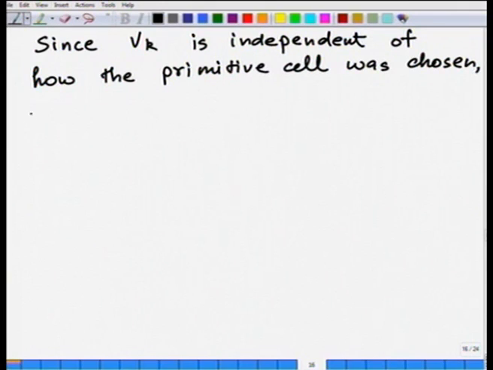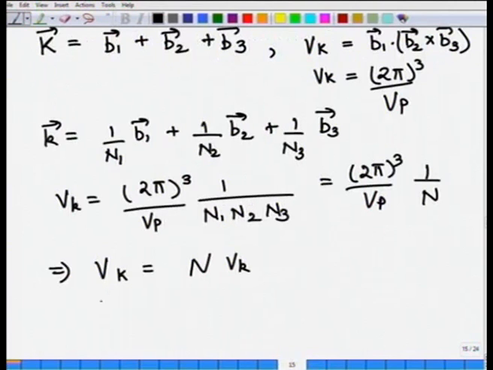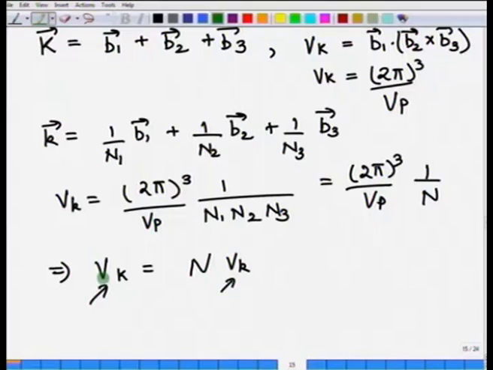This equation therefore says that this is the volume associated with one k state in the first Brillouin zone, and this is the volume of the primitive cell. A Brillouin zone represents a primitive cell in reciprocal space, so this is the volume of the Brillouin zone.